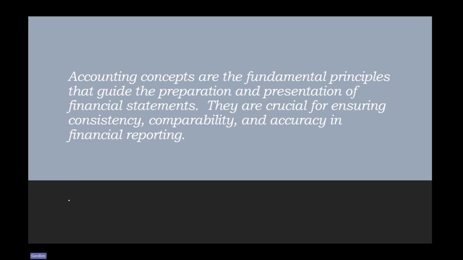Every transaction that the company enters into, you're supposed to categorize as an asset, a liability, equity, income, and so on. These fundamental concepts give you the building blocks to know what an asset, a liability and an expense is. And we're going to do some exercises to get a better understanding.